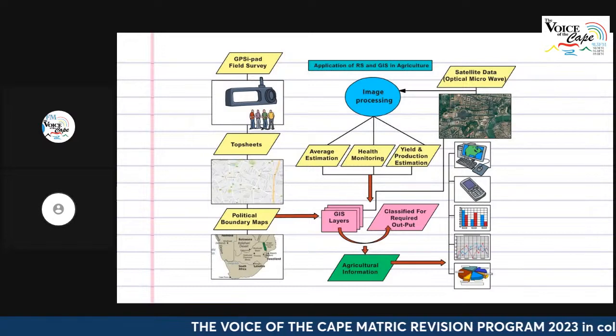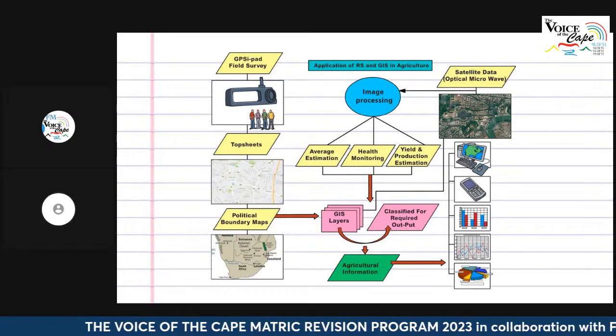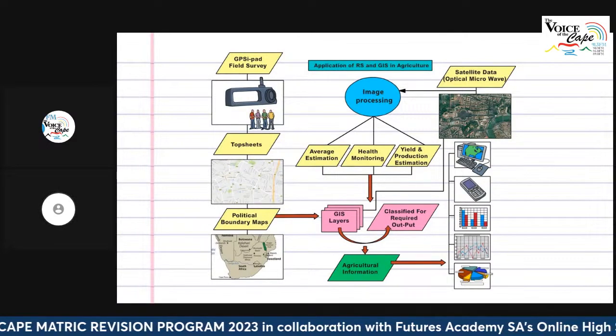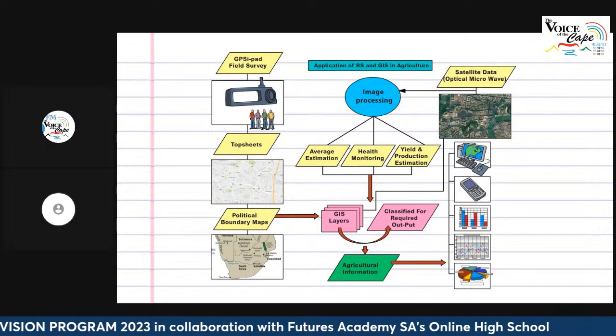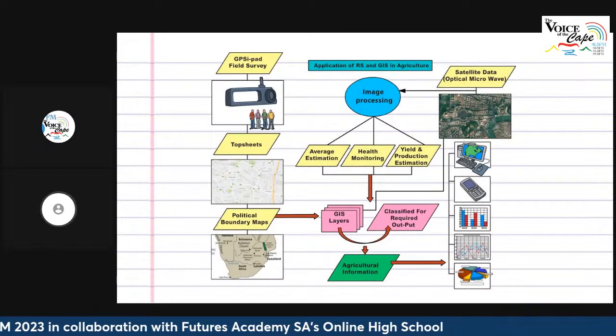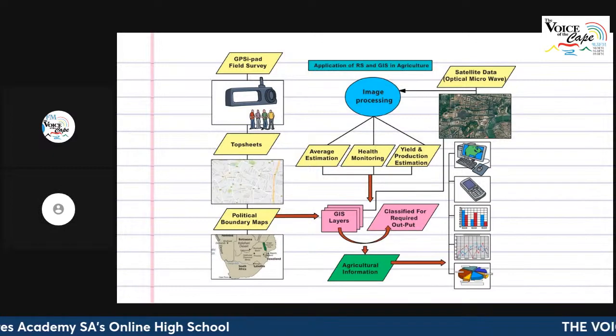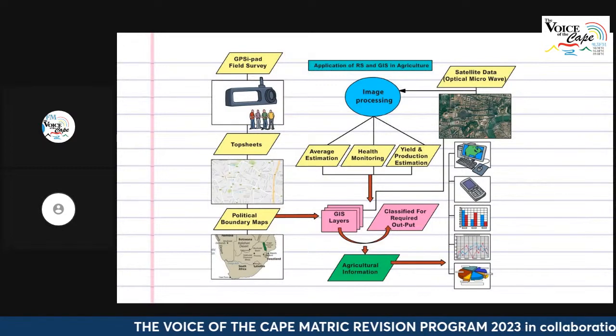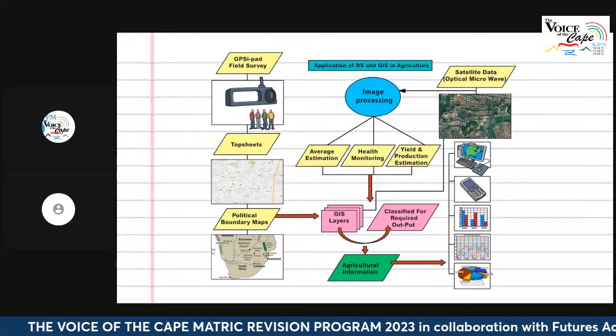I would then take the information that I need and place it into a GIS system. That GIS system can do a whole lot of things for me. It can give me graphs, data, images. Whatever I ask it to do, that's what it's going to create for me.